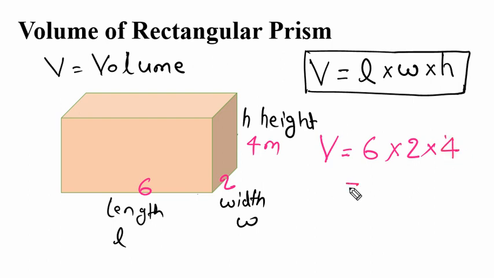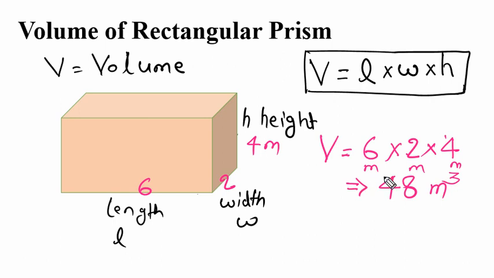So multiply all of them. 6 multiply 2, 12. 12 multiply 4 will give you 48. And the unit is meter. So this time when it is volume, the unit will be power 3, because this is 6 meter, 2 meter, 4 meter, so power 3. This is the simplest example.